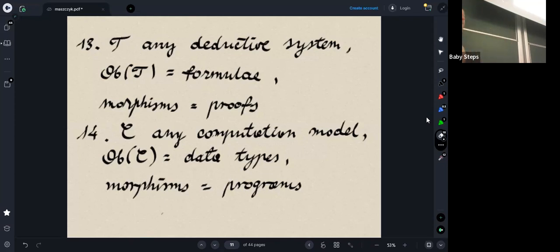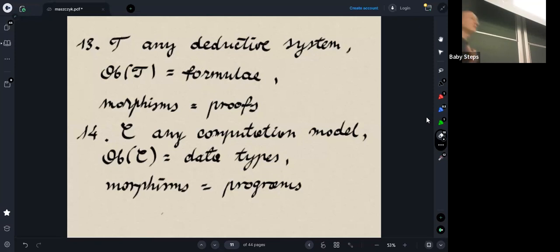Sorry, may I have a question about this 13th example? What is the status of the axioms in this approach? They hold. Yes. These are examples of categories. Formulas are objects, proofs are morphisms, but axioms are true, and they do not require a proof.